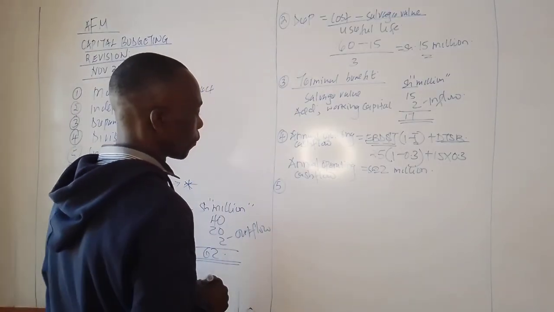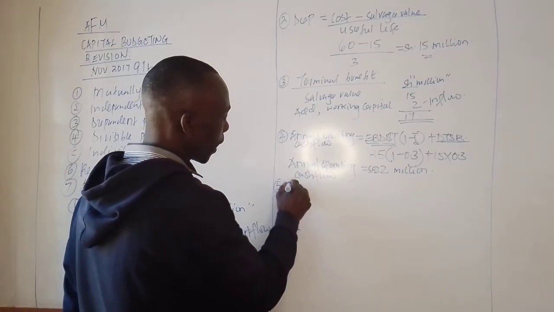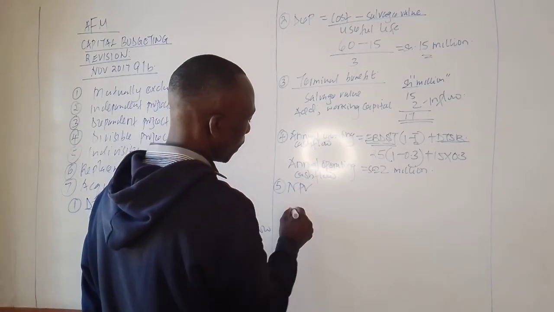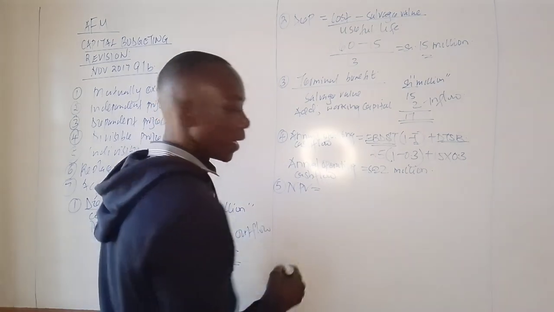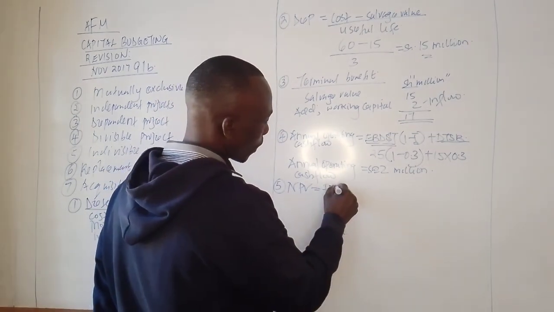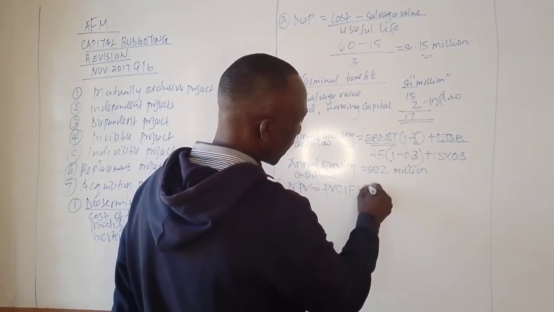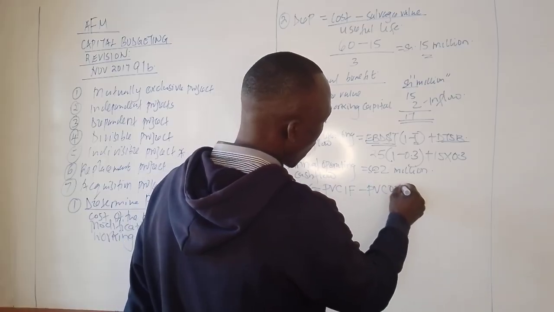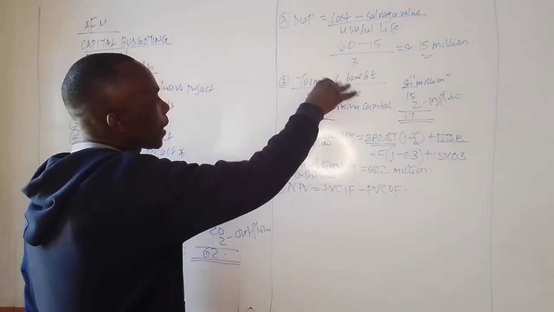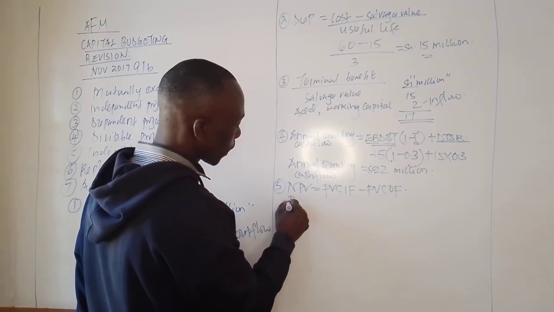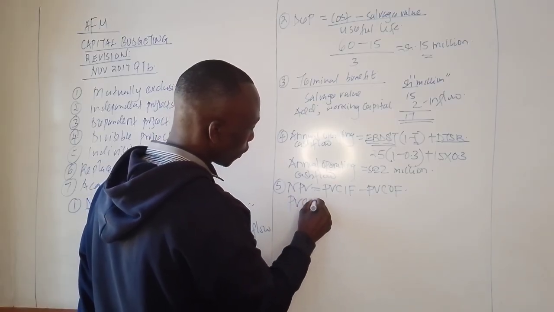step number 5. Step number 5 is for us to get the NPV, net present value. The net present value is given by the present value of cash inflow minus present value of cash outflow. Like in our case, how are we going to get the present value of cash inflow?